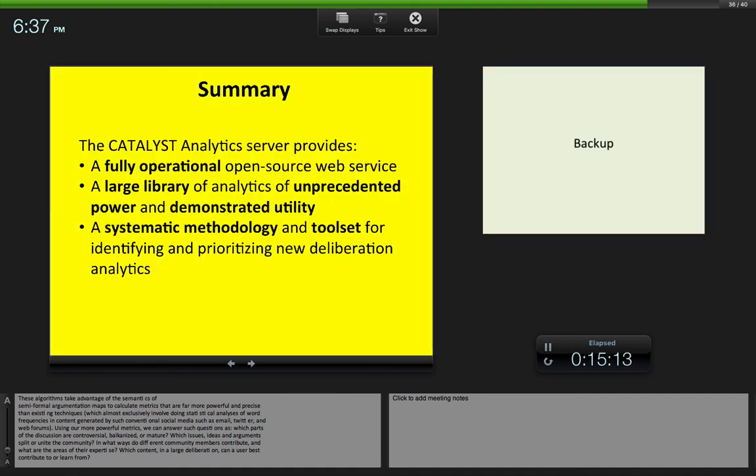To summarize, the Catalyst Analytics Server provides a fully operational open source web service, a large library of analytics of unprecedented power and demonstrated utility, and a systematic methodology and toolset for identifying and prioritizing new deliberation metrics.